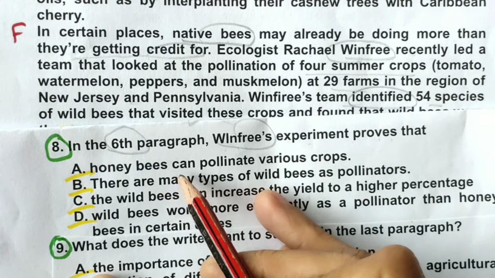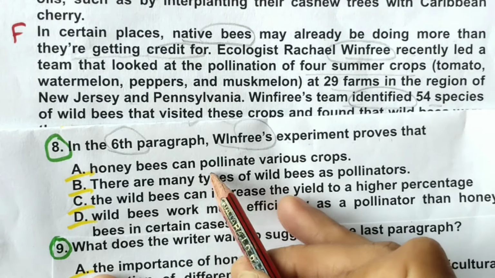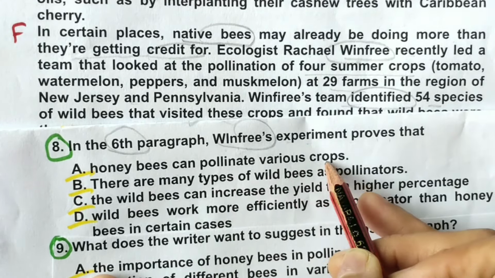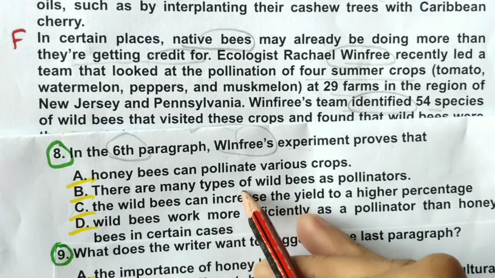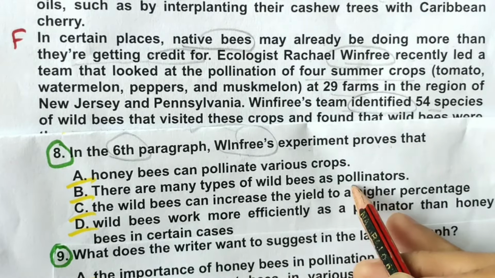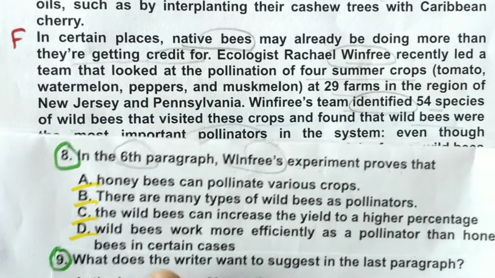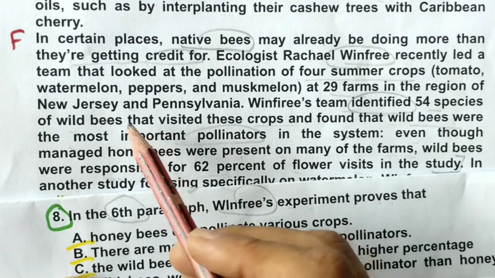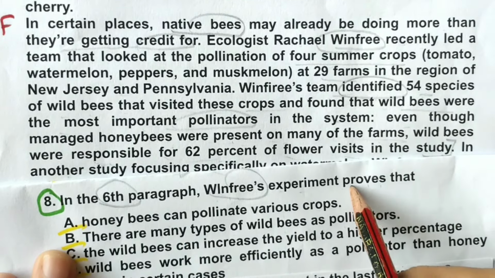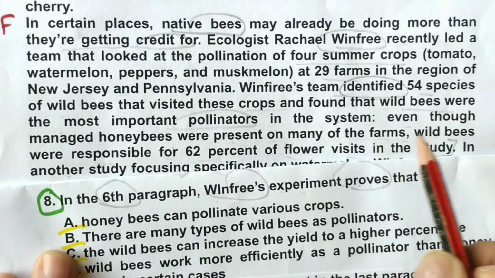Honeybees can pollinate various crops. No, only 4 crops, they are not various, so this will not come. There are many types of wild bees as pollinators. Wild bees team identified 54 species of wild. So what she has proved, that we need to find.